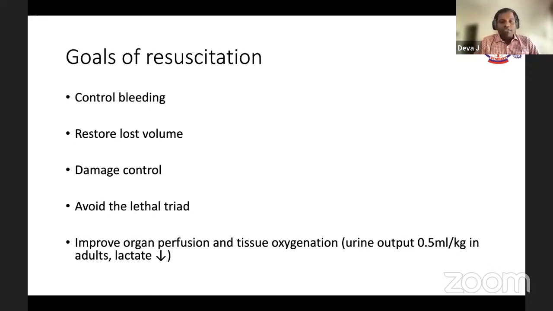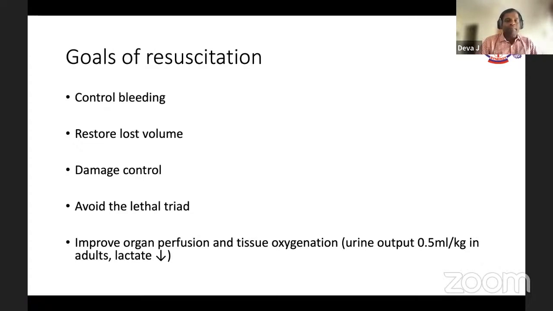The number one goal is control of hemorrhage. So it's important that you stop the bleeding first before you give fluids and blood into the patient, or do it simultaneously. Stop the bleeding, give fluids and blood. If you do not stop the bleeding, there is no point in you pouring liters and liters of whatever fluid or blood you choose. It's going to continue to exsanguinate.